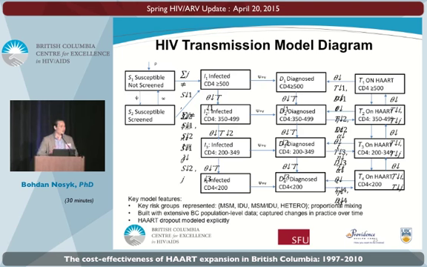This was all based on population level data, and it was allowed to change over time. Within this structure, we had 4 key risk groups: men who have sex with men, injection drug users, injection drug using men who have sex with men, and heterosexuals. Each of those 4 risk groups has a set of states that they can progress through.